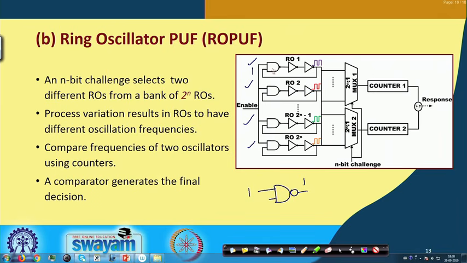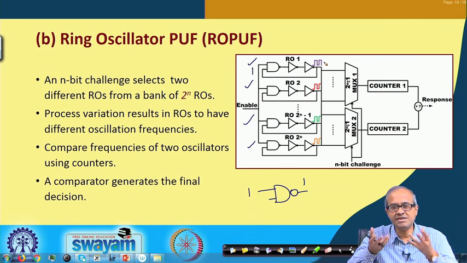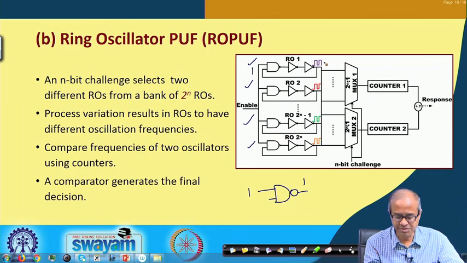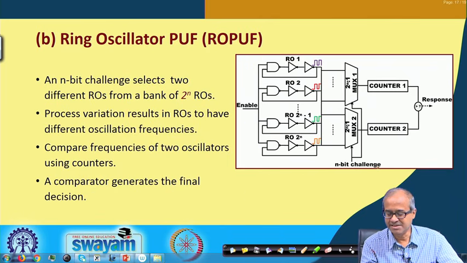Now, the idea is that there are so many ring oscillators, they are all oscillating. Okay. When oscillation means there will be some frequency of oscillation. So, what we do, using some challenge, we randomly select some ring oscillator. There will be several ring oscillators here, several ring oscillators here.